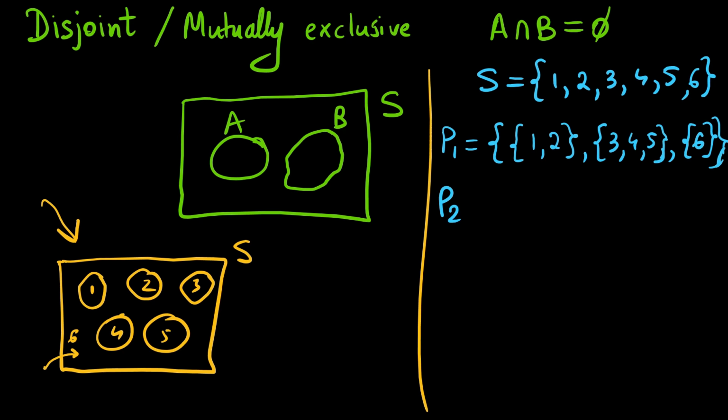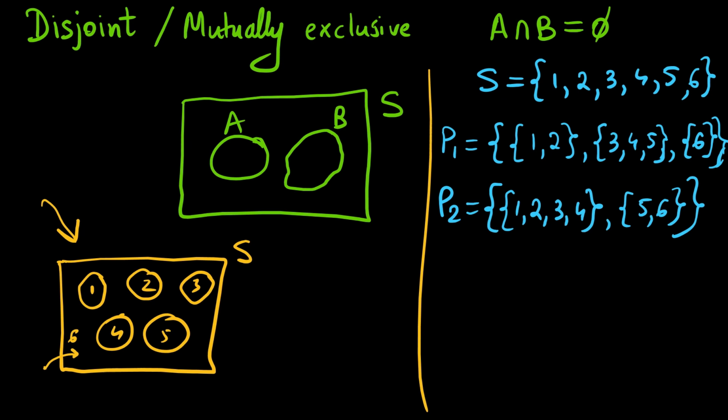Another partition would be taking 1, 2, 3, and 4 together, and then 5 and 6. So this is one set, it's another set, yet another set, 3 sets. These 3 sets are pairwise disjoint.